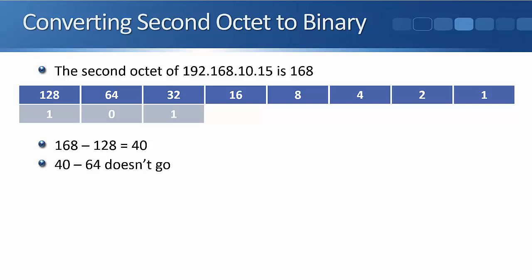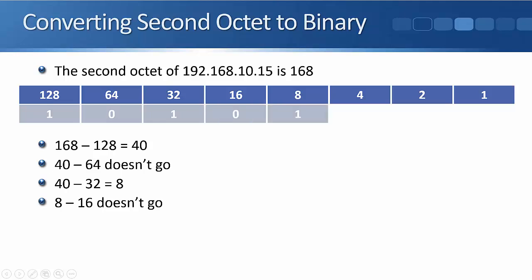Then does 32 go into 40? Yes, it does. So we put a 1 in there, and then 40 minus 32 gives us 8 left. 16 does not go into 8, so we'll put a 0 in there. 8 does go into 8, so we put a 1 in, and 8 minus 8 gives us 0 left, so we know we can just fill in the rest of the columns with a 0.